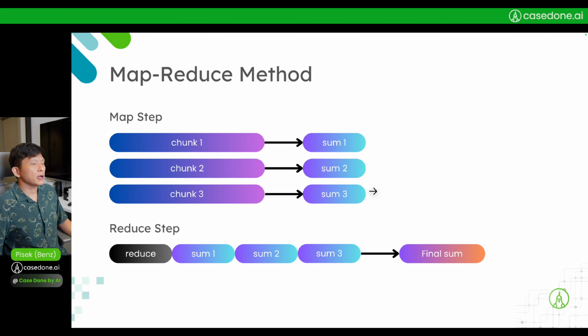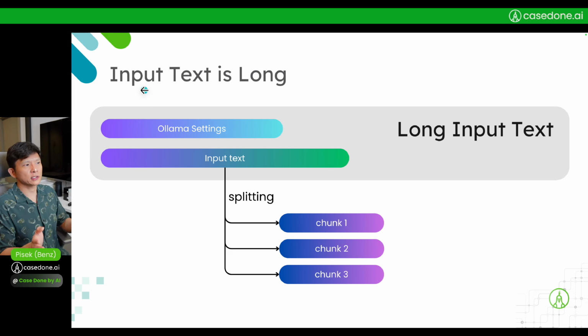If the input text is too long, one of the ways to handle that is to chop it into chunks. Let's say we want a chunk of around 10,000 tokens.